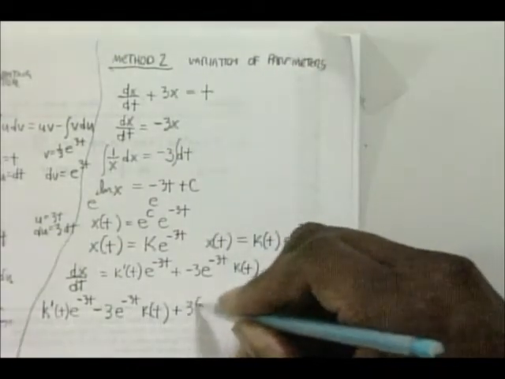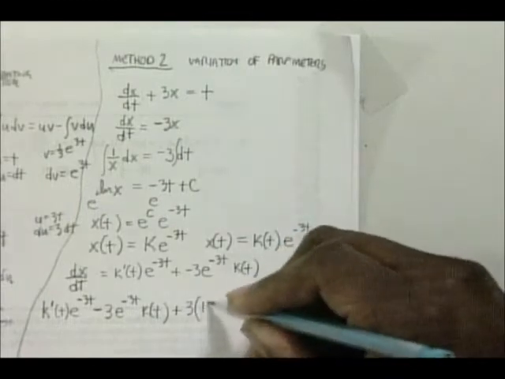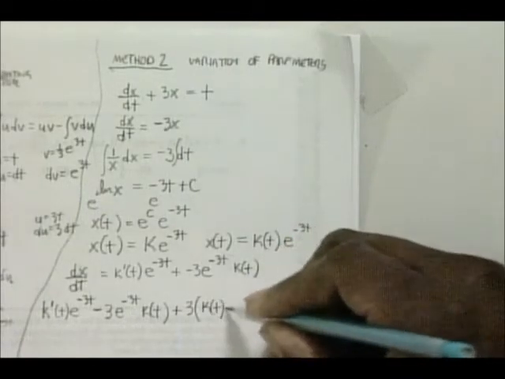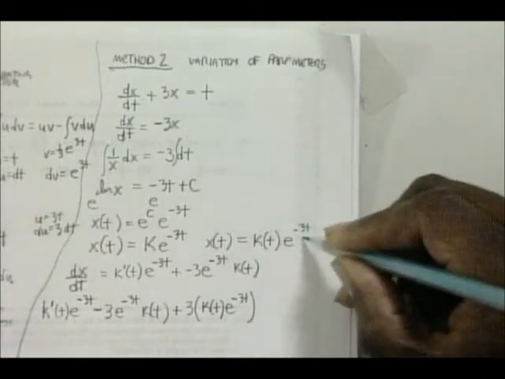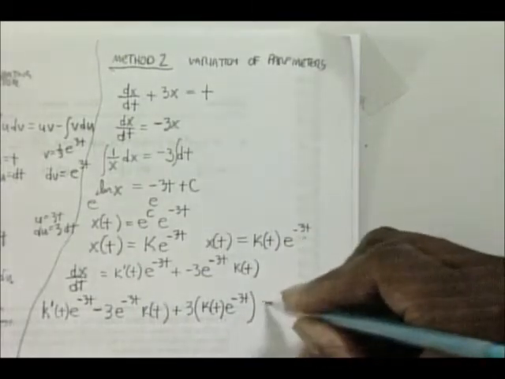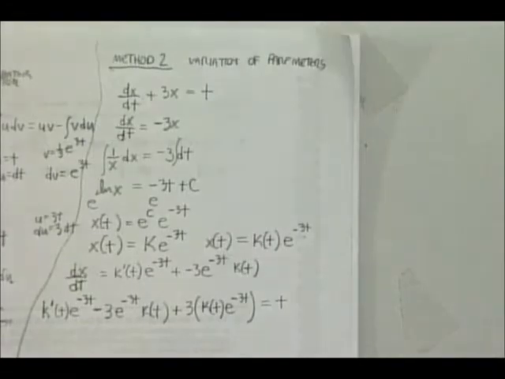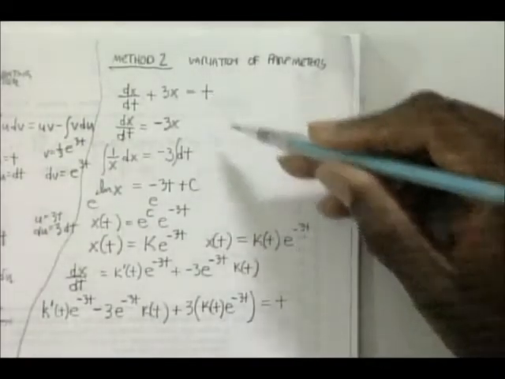So we have 3 times k sub t e to the negative 3t. That's x right there. And that is equal to t.